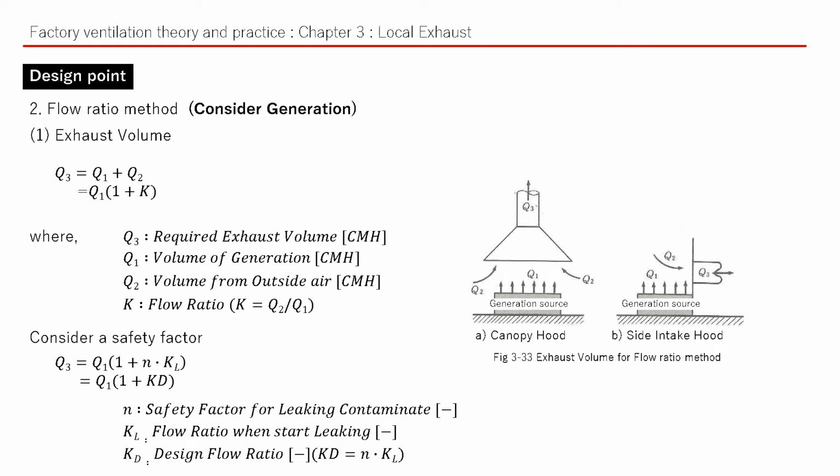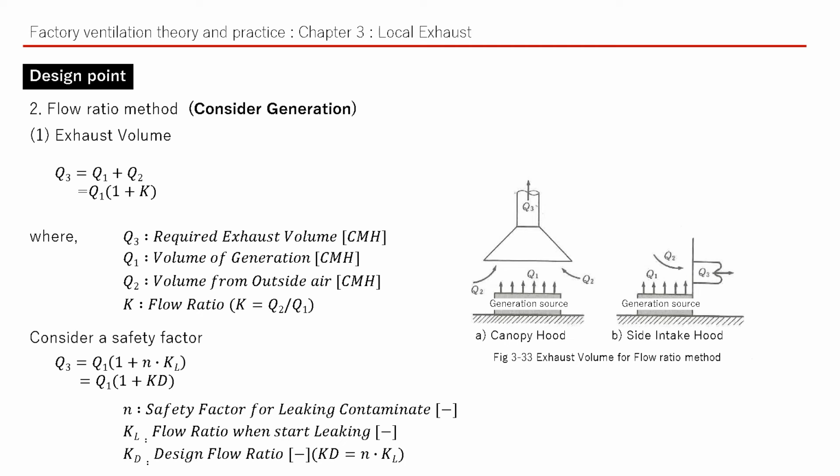Then, we will explain the design method when there is a generating condition. First, let us understand the exhaust volume as per the formula. Q3 is the total exhaust volume. Q3 consists of Q1 and Q2, where Q1 is the amount of pollutants generated, and Q2 is the air volume needed to capture so that the pollution does not spread.